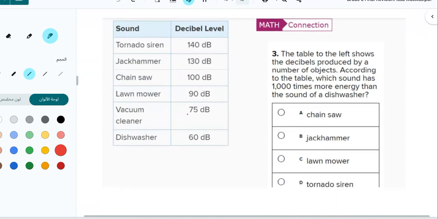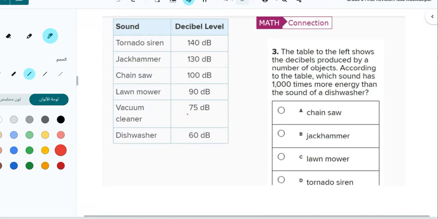Now let's look. Here's a simple math connection. The table to the left shows the decibels produced by a number of objects. According to the table, which sound has 1,000 times more energy than the sound of a dishwasher?